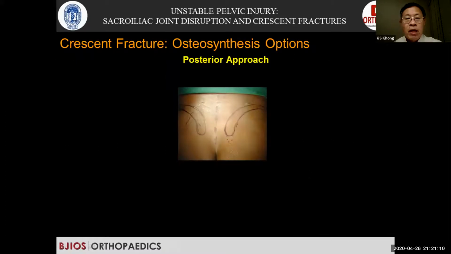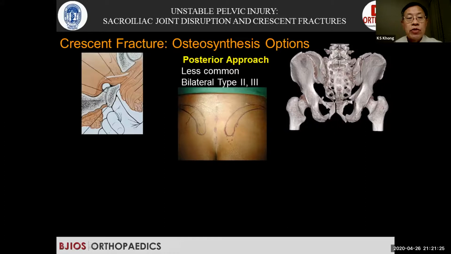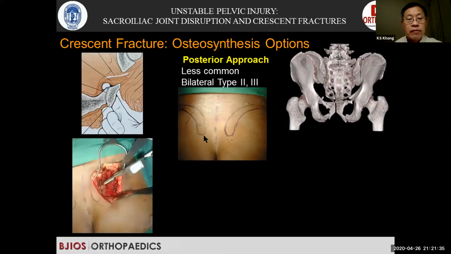Posterior approach is less common, usually done for the bilateral type 2 and type 3, as you can see here, both fractures. To do it posteriorly, you can go for both prior to incisions. You can't see the joint when you're doing this, so you need to have a little finger in the sciatic notch, feeling the reduction of the sacroiliac joint.